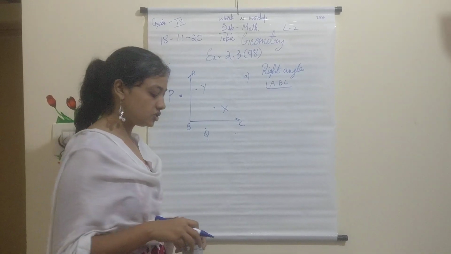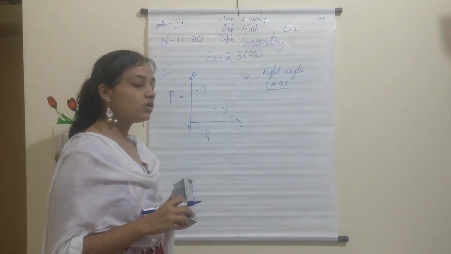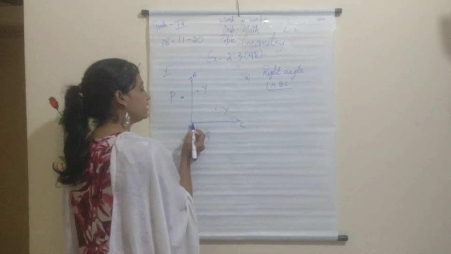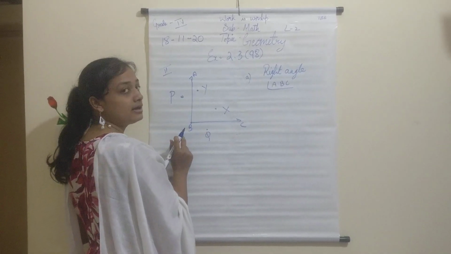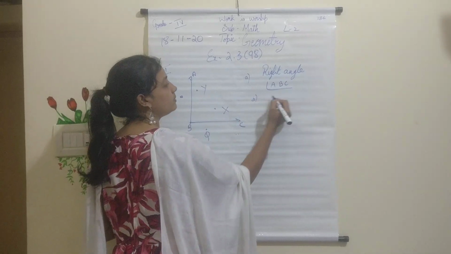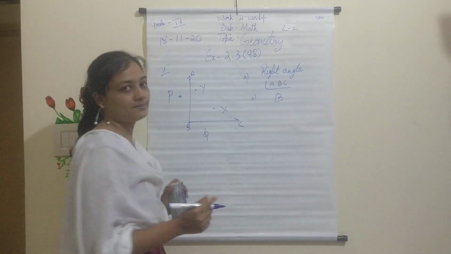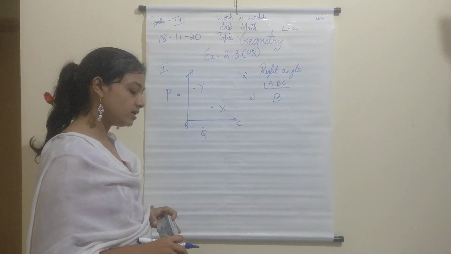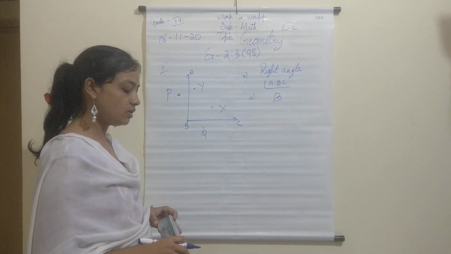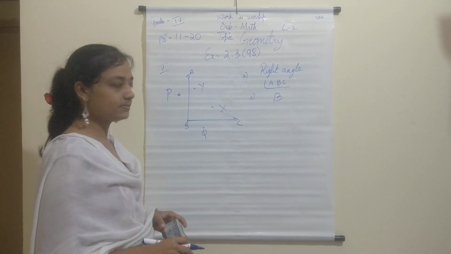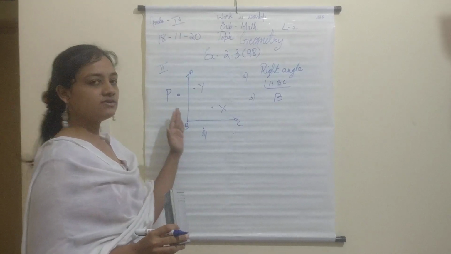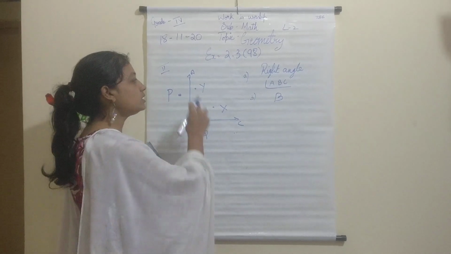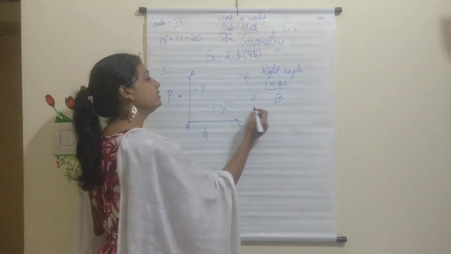So this is the first question answer. The second question is, name the vertex. Vertex is the point where both the rays meet. That is B here. The next question is, name the interior points of angle ABC. As I said, points which are inside are called interior points. What are the points which are inside?